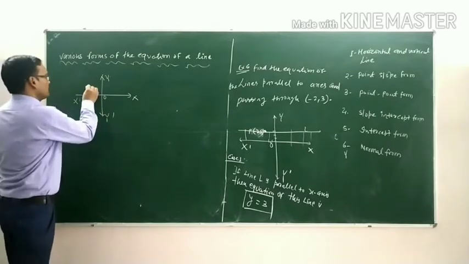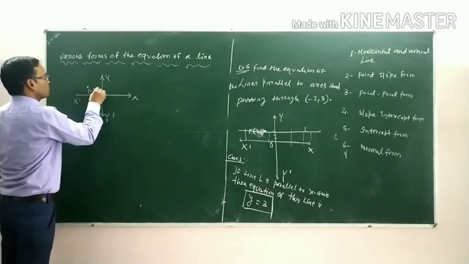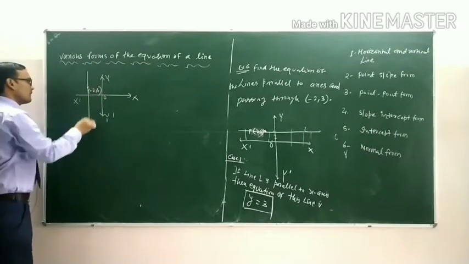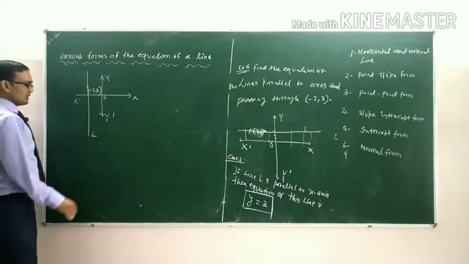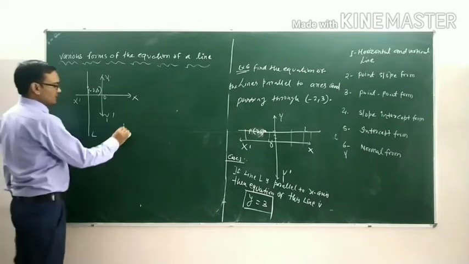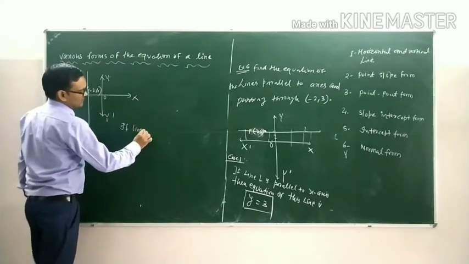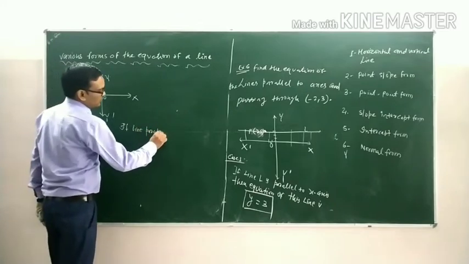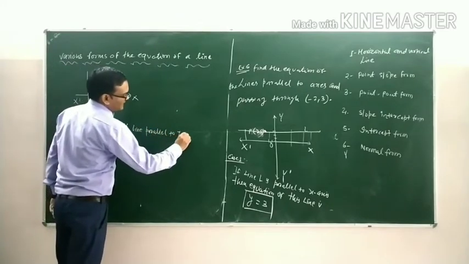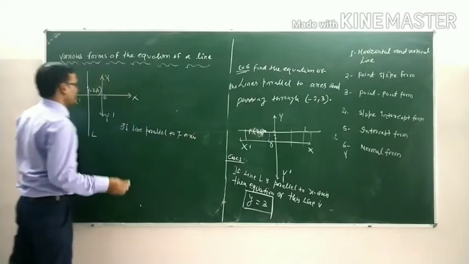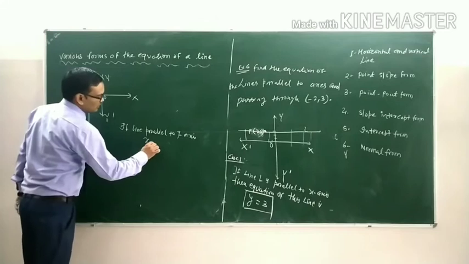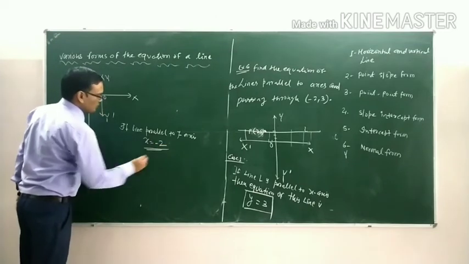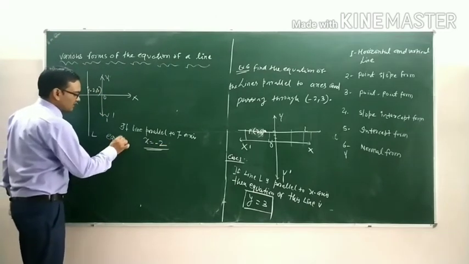If a line through the point minus 2, 3 is parallel to the y axis, that means the equation of this line is x equal to minus 2.